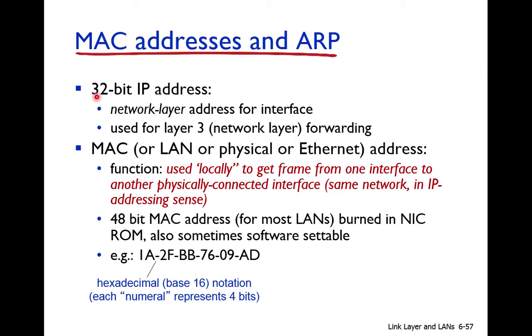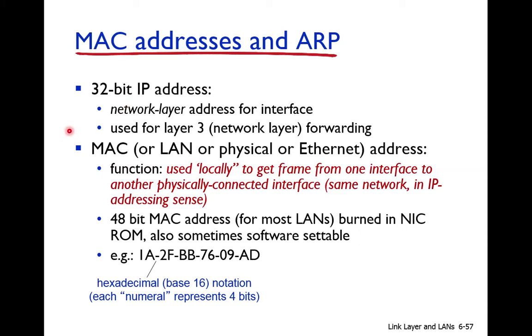The IP address was used at the network layer and it was 32-bit. Each network interface has an IP address. It was used for layer 3 network layer forwarding. Basically, an IP address identifies a host, a machine over the internet.